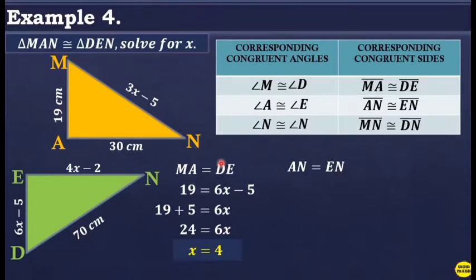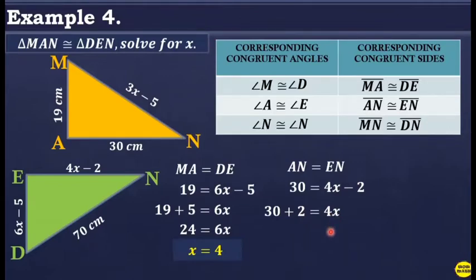Next, let's solve for x for AN and EN. Since AN is congruent to EN, they are also equal. So, AN is equal to EN. AN is 30, and EN is 4x minus 2. Let us solve for x. 30 becomes plus 2, so 30 plus 2 is equal to 4x.